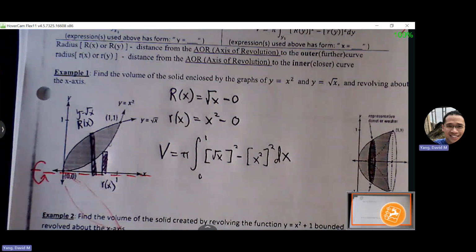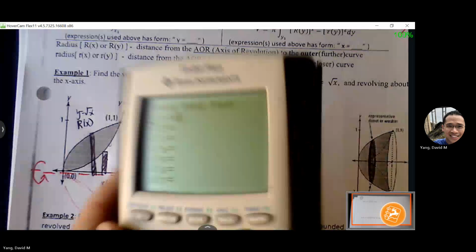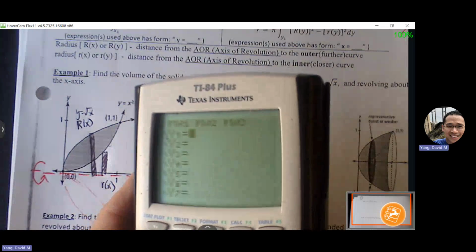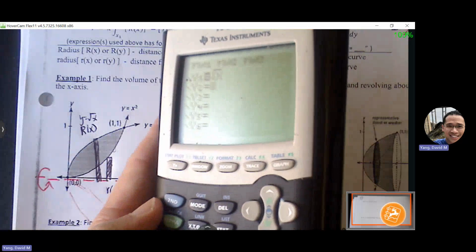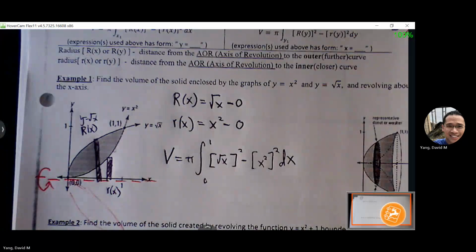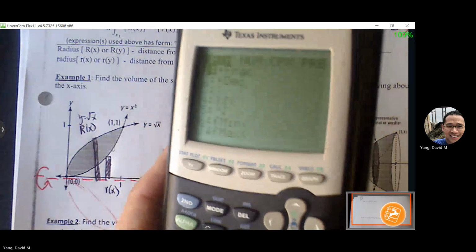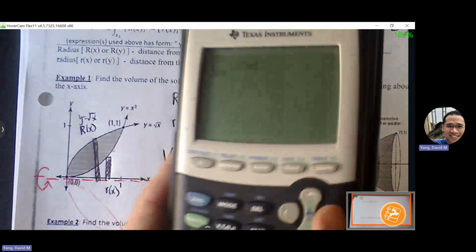Okay, we can put it into our calculator. I'm going to have y1 hold big R. I'll have y2 hold little r. I'll call math 9, definite integral from 0 to 1.